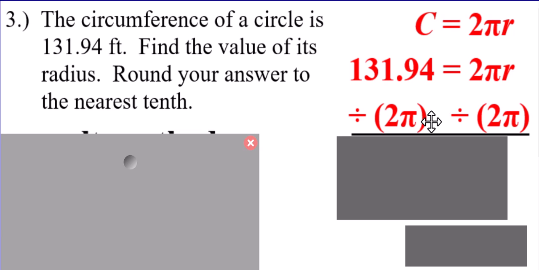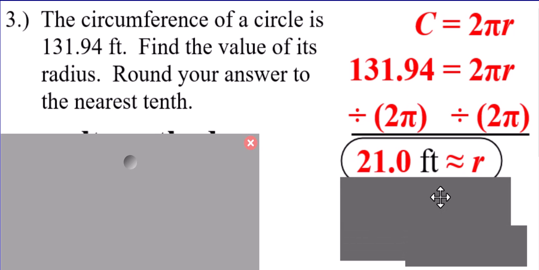So, time to use our calculator. Let's enter in 131.94 divided by, and then I want you to start your parentheses. Some of you in your calculators are going to need to do 2 times pi with a times button between the 2 and the pi. A lot of calculators don't need the times button, but some might. And then you have to close your parentheses.